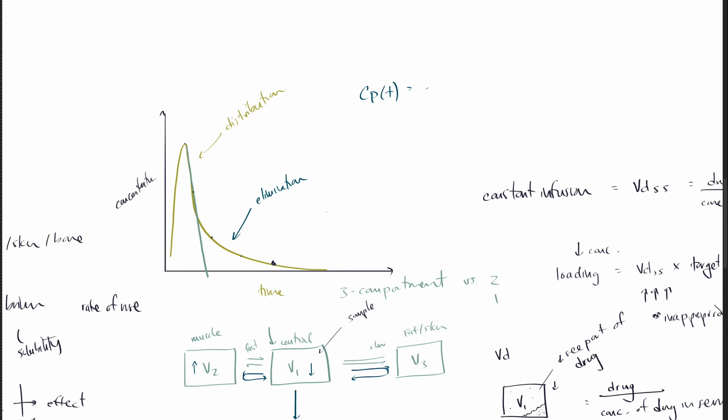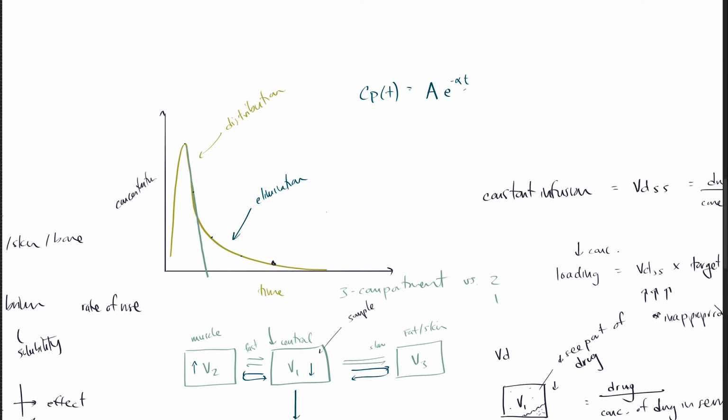And if we're going to talk about a 1-compartment model, then you describe something with a large coefficient, e, which is the natural number, to a rate constant, and your time.